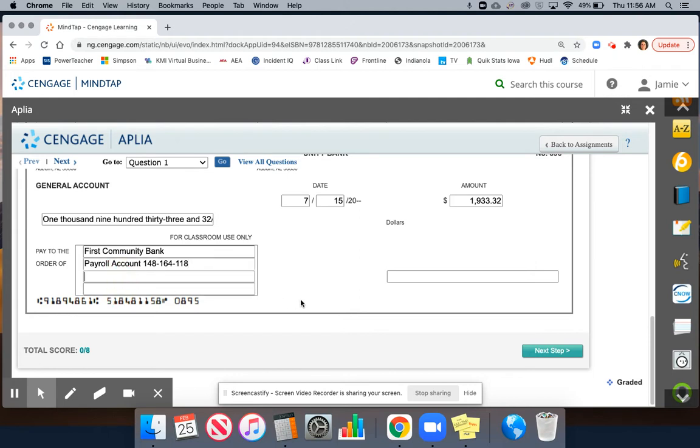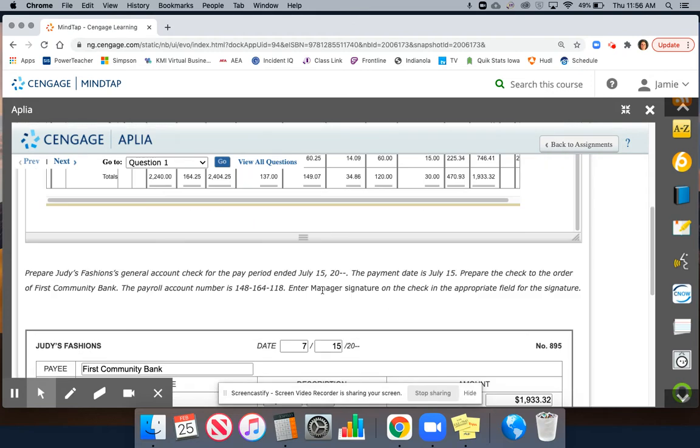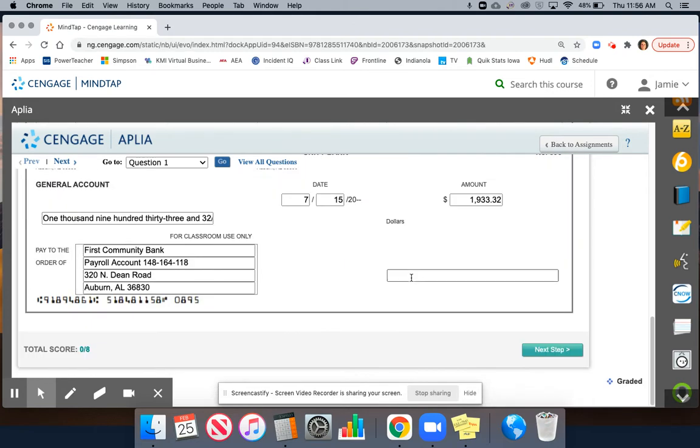The next two lines is where we'll put our address. And this is the address for First Community Bank, found right here on the check. And then in the instructions, it says to sign as manager signature.